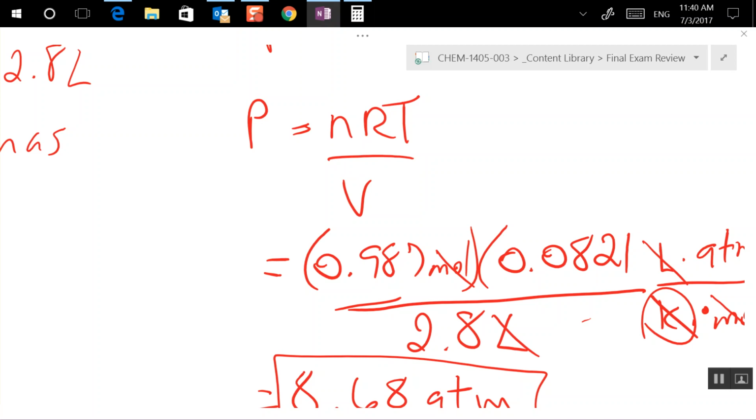So Boyle's law has an indirect relationship. Charles' law has a direct relationship. Meaning if I increase the temperature, the volume of the gas will also increase. If I increase the pressure, the volume of the gas will decrease. That's Boyle's law, an indirect relationship.